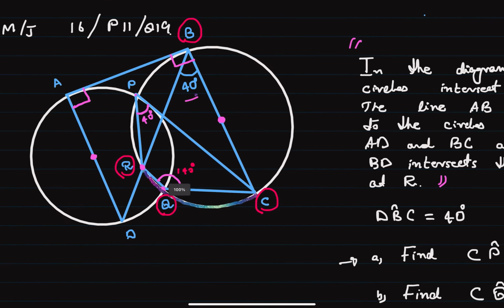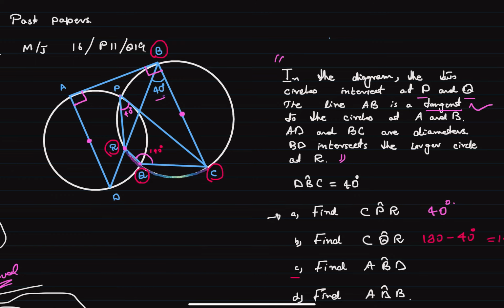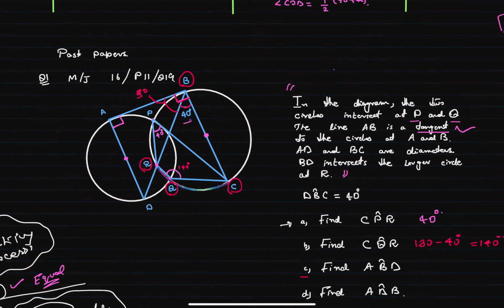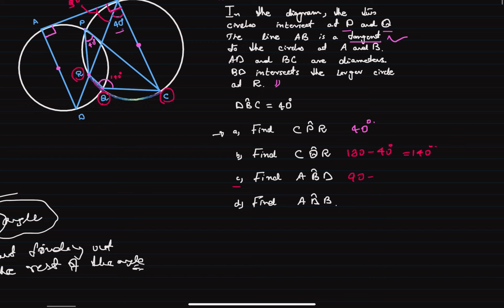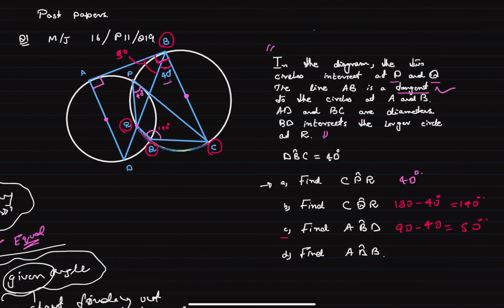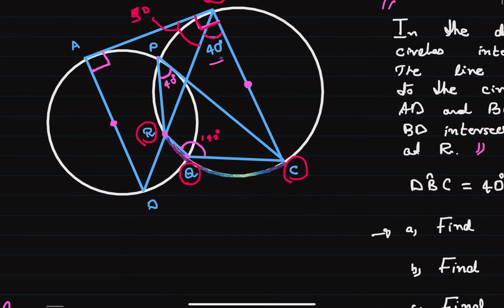The third angle that they need us to find out is ABD. ABD is where? ABD is here. See, when we made the 90 here, now we get help that this should equal 50, right? 90 minus 40 should equal 50. This should equal 50. And ADB is this angle.